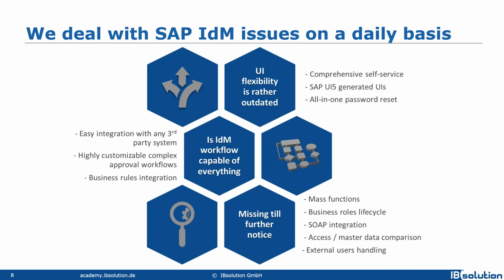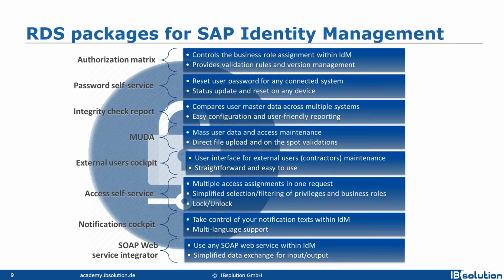And this is what we came up with: a list of, actually, 8 rapid deployment packages, which each one of them provides a unique functionality for IDM, which is currently not available, or is available but requires a lot of effort to be maintained. And we are going to talk about all of them, but we have demos for most of them. I'm going to go very quickly over each one of them, and then we're going to go into detail.